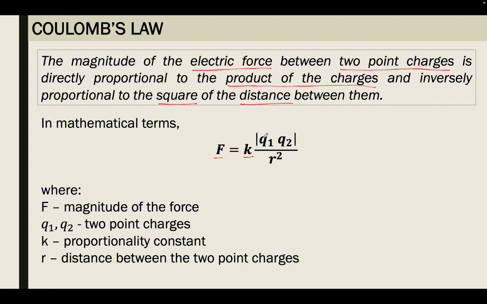There are some cases na Q1 is negative or even Q2 is also negative. So whatever the sign here for the product of Q1 and Q2, since it is enclosed in an absolute value nga bar, so it is always positive. So the magnitude of the force is always positive.